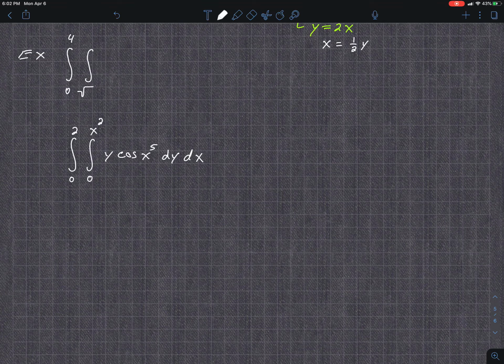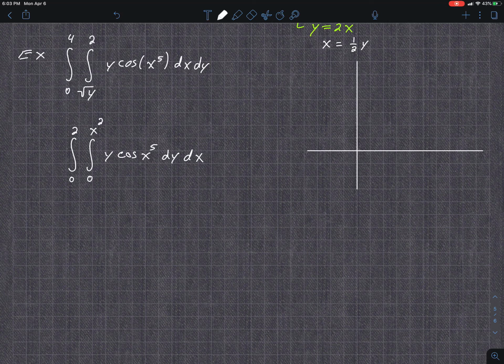So suppose you have 0 to 4 and root y to 2. The integrand is the same, y cosine x to the 5th dx dy. So suppose that was the first thing that was given.